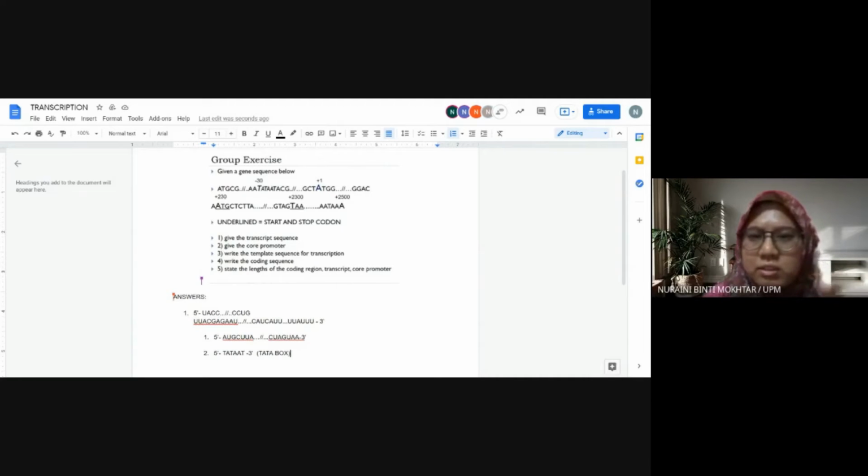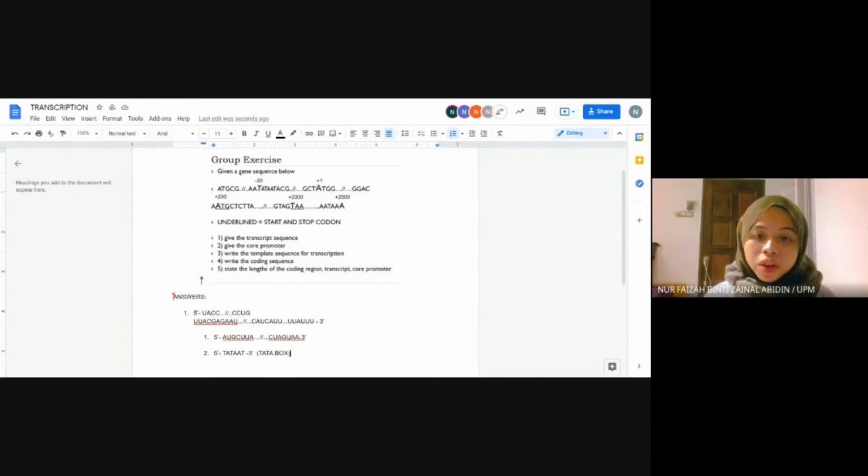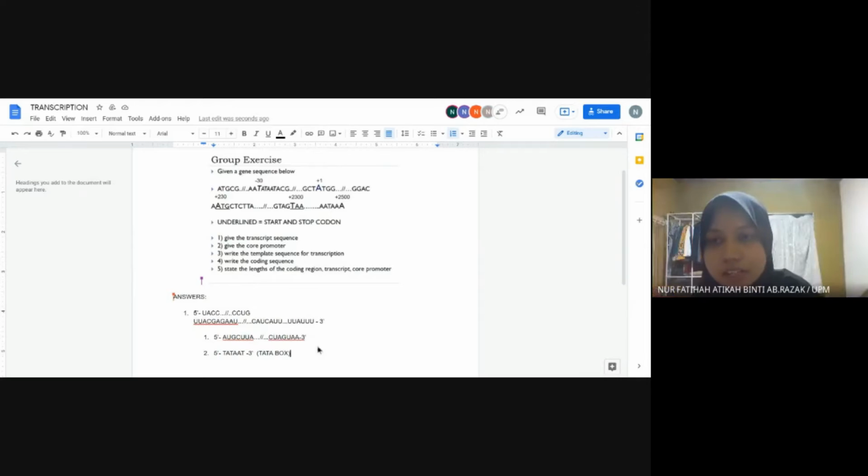But the question asks for transcription, so it means that it does not transcribe yet, so it will start at the start codon, I think. I agree with you. But I thought the start and stop codon is only for translation.